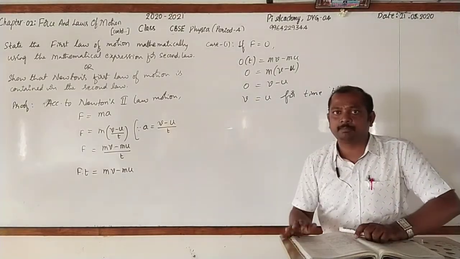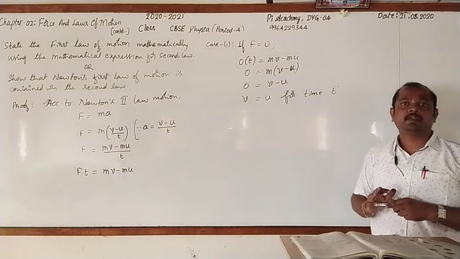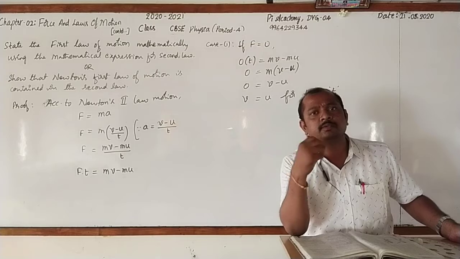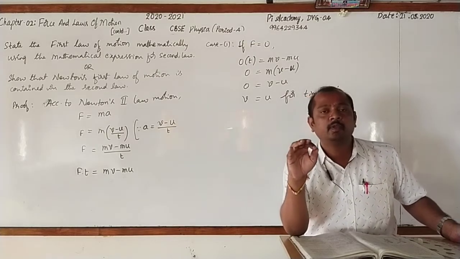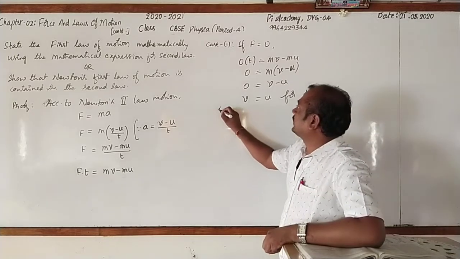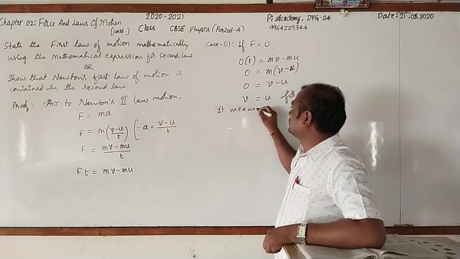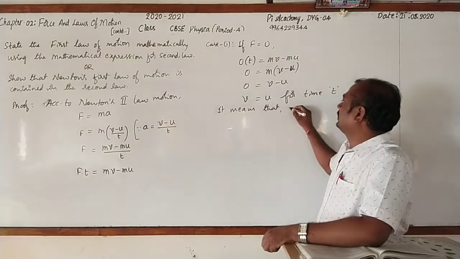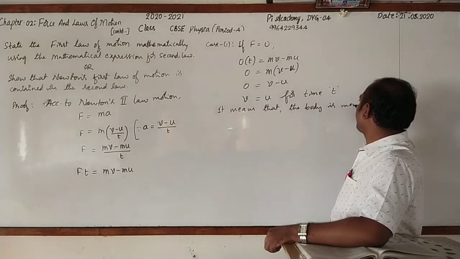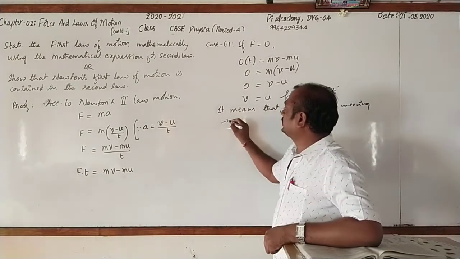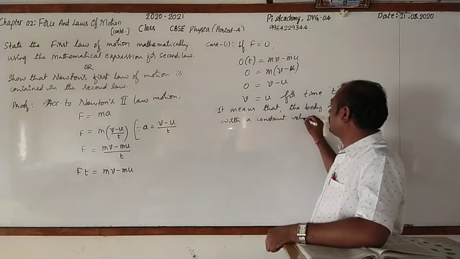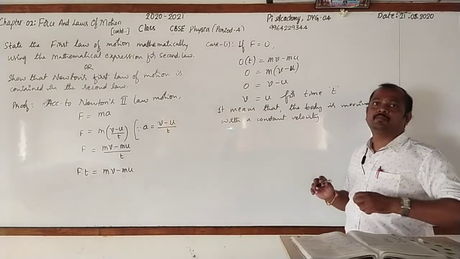When no force is applied, initial velocity and final velocity are same. When the initial and final velocities are same, what does it mean? The body moves with a constant velocity. Clear? Here I will write. It means that the body is moving with a constant speed, with a constant velocity, nothing but uniform velocity.